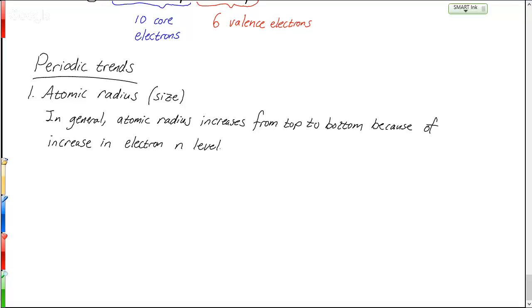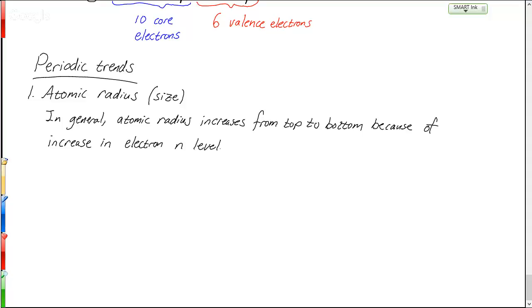So as you increase the value of n in the wave function, you get a probability distribution that is further away from the nucleus. And so another way of saying that is the electrons in higher n levels, higher quantum levels, are further away from the nucleus. And that makes the size bigger.